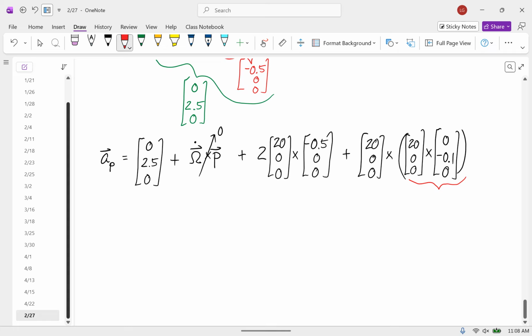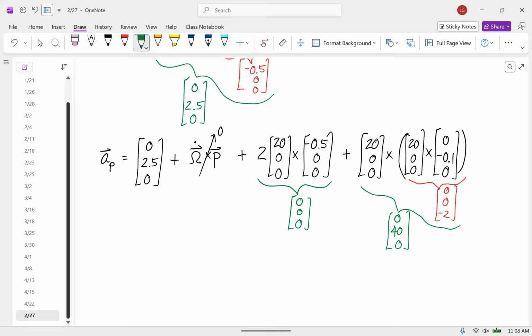So if you cross these, you get 0, 0, 2, -2. And if you cross these, you get a double negative and then 0, 40, 0. And then this one, cross product of two parallel things is 0, so this goes away. No Coriolis part of this acceleration.